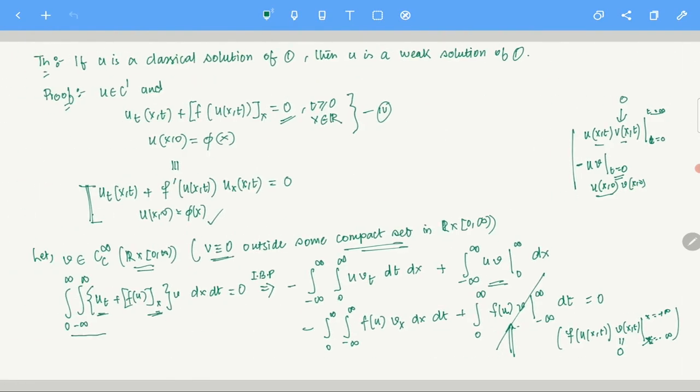Let us again recall, because this is a little advanced topic, so we are taking some time here. First of all, u is a classical solution, meaning a C1 solution, so it has to satisfy the equation at every point. Please remember this, very important. Whenever you are talking about a classical solution, it has to satisfy the equation at every point (x, t) in the domain.